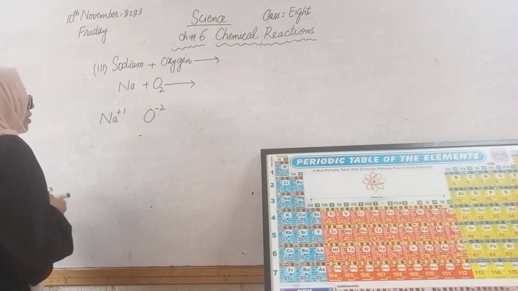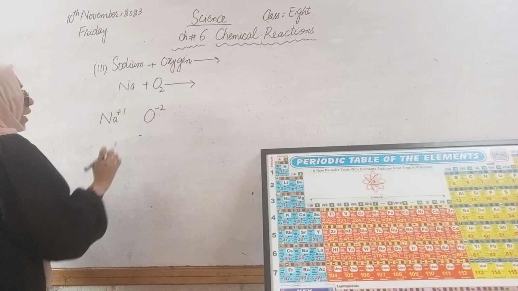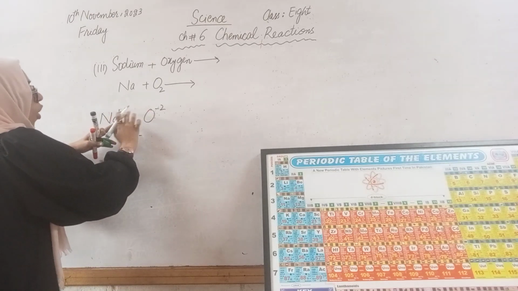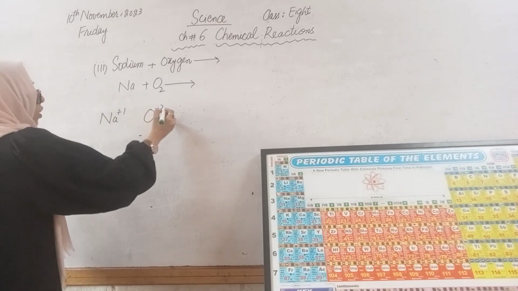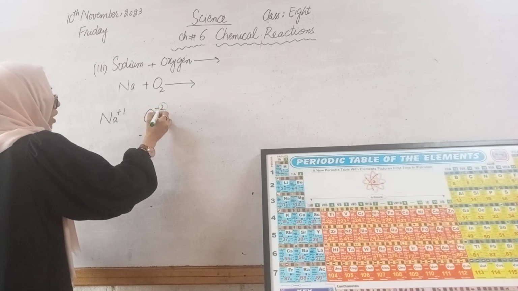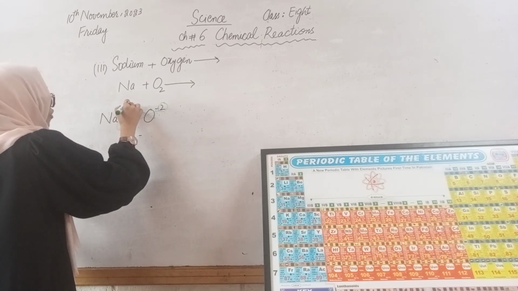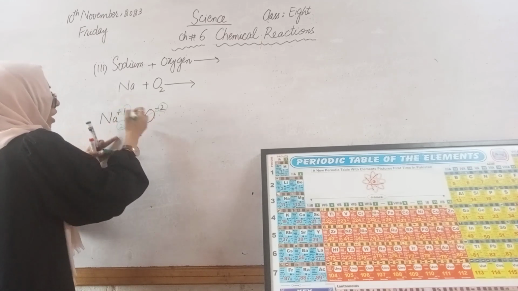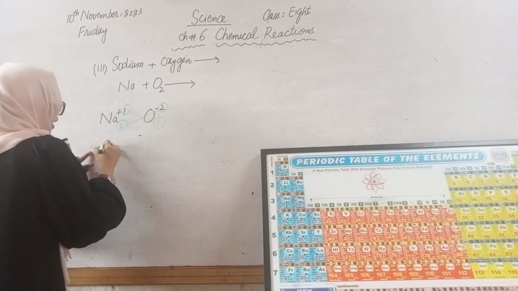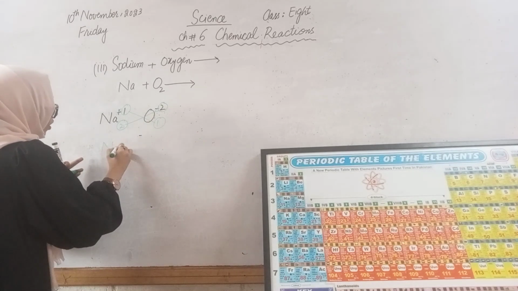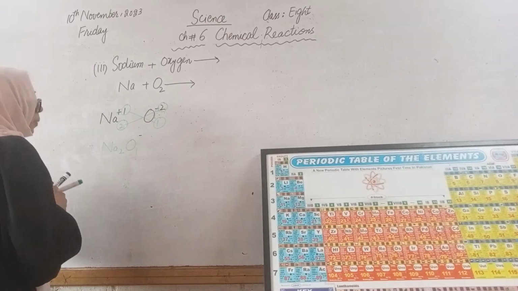We will cross the opposite sides. The 2 will be moved to the bottom of the next one and 1 will be written at the bottom of the next element, Na2O1.